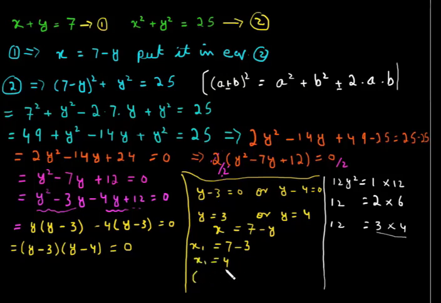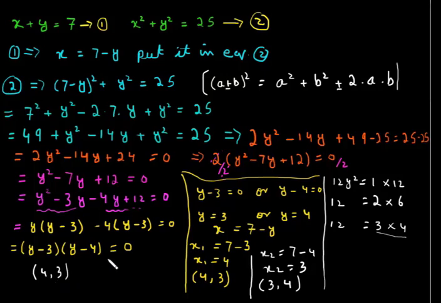So one pair will be when x is equal to 4, then y is equal to 3. And now for x sub 2, the second value, 7 minus 4 gives x sub 2 is equal to 3. So x has values of 3 and 4. These are the two points that are required. One pair will be 4 and 3, and the other will be 3 and 4.